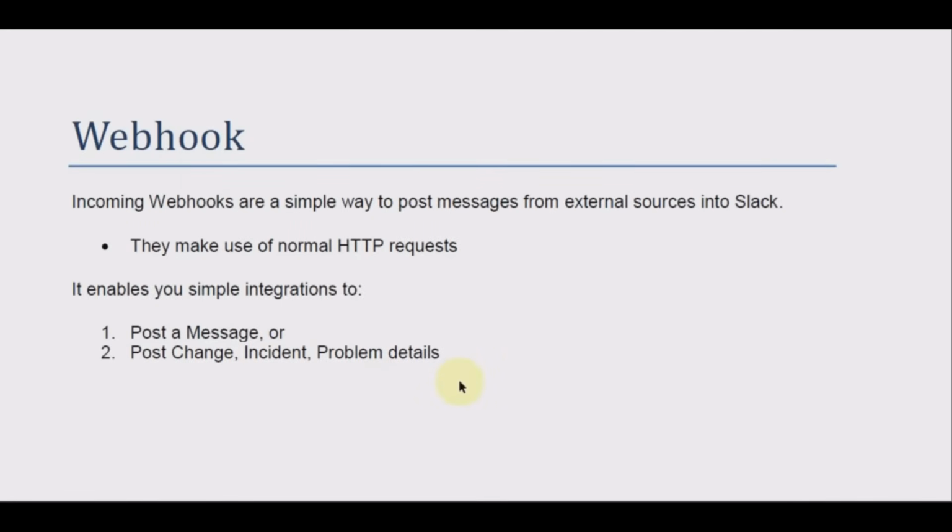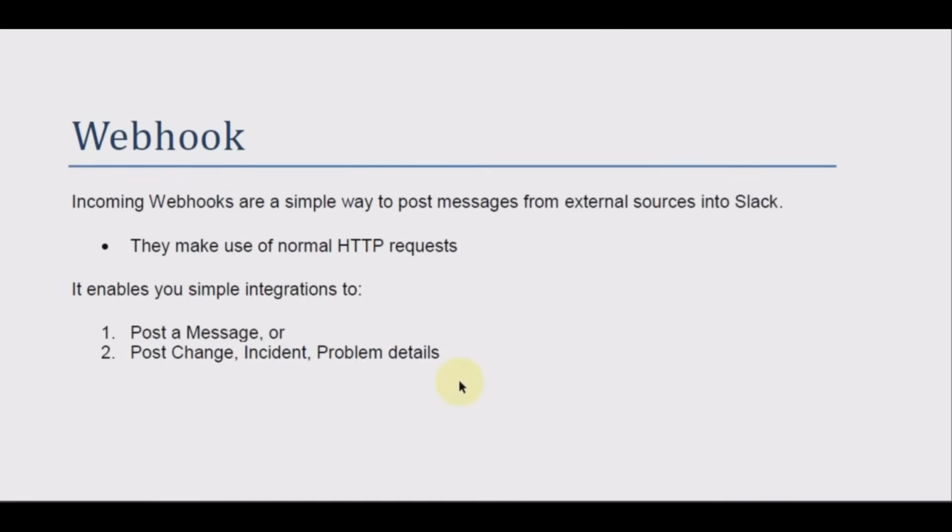How it will be helpful? Just imagine you have created a workflow where it is required that as soon as any critical incident is reported or is created in the system, it needs to be sent into the Slack channel to inform each and everyone in the Slack channel that this particular incident with such and such details, suppose the number of the incident is given, the short description is provided, and whom it is assigned to is provided.